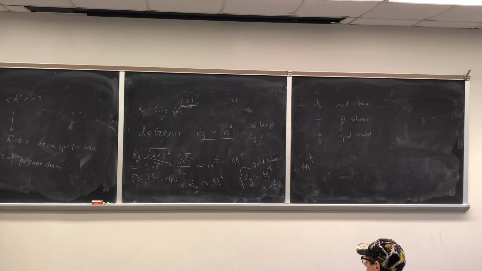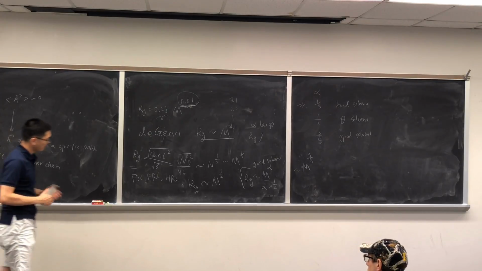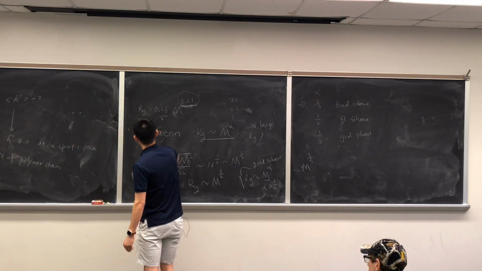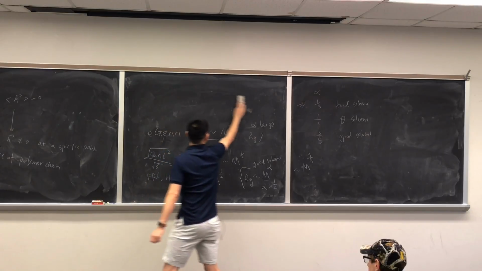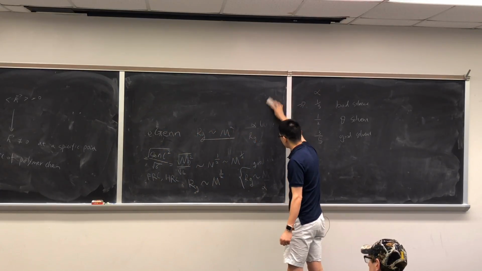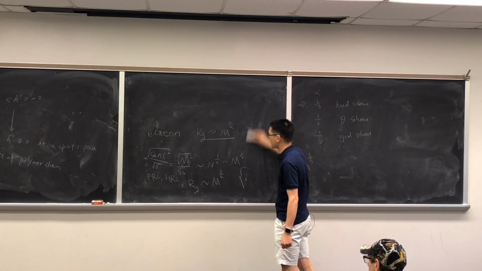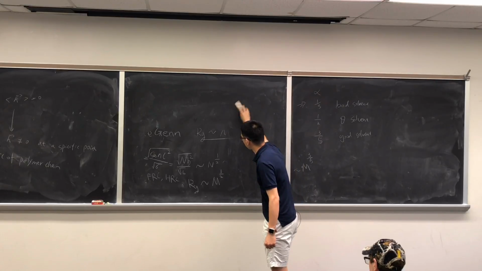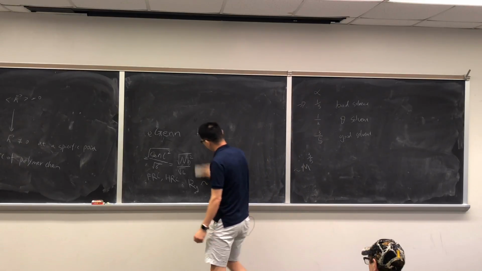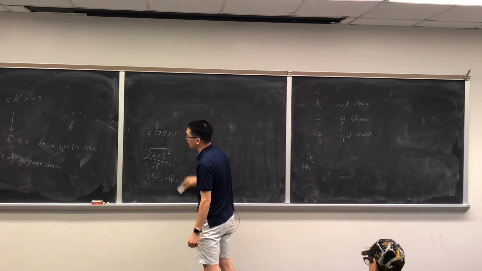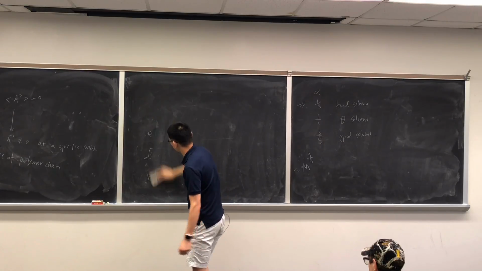So what we're going to do now is to consider some simple model. I'm going to start talking about a very interesting model I like to discuss. It's called random walk. This is a concept that people usually use to understand the statistics of a polymer chain.